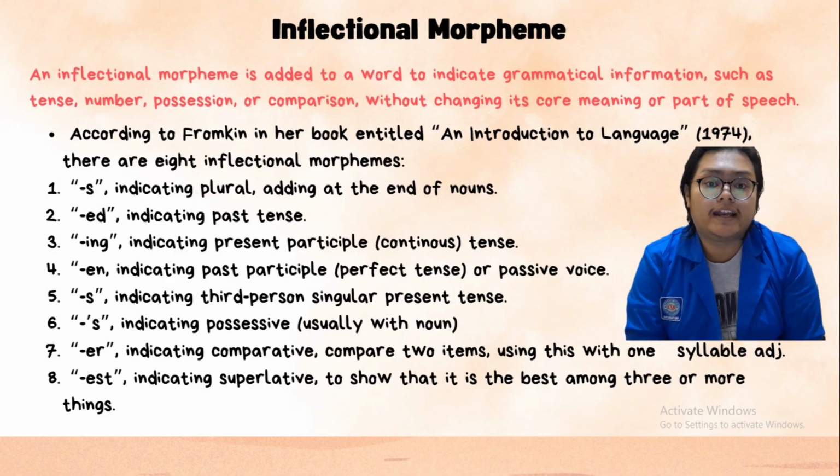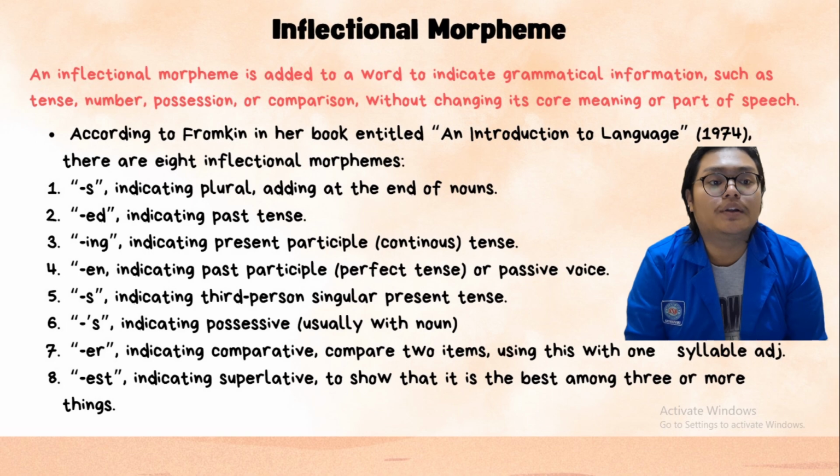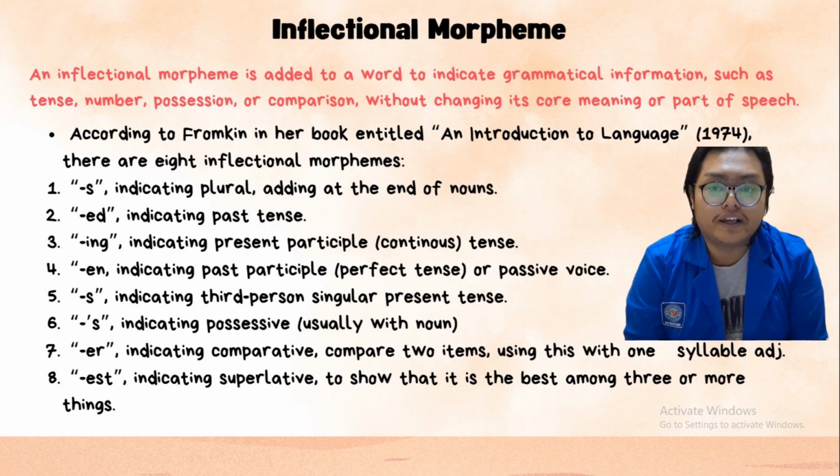According to Fromkin, in her book An Introduction to Language in 1974, there are 8 inflectional morphemes.